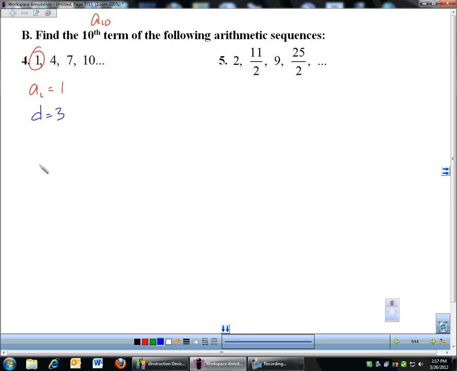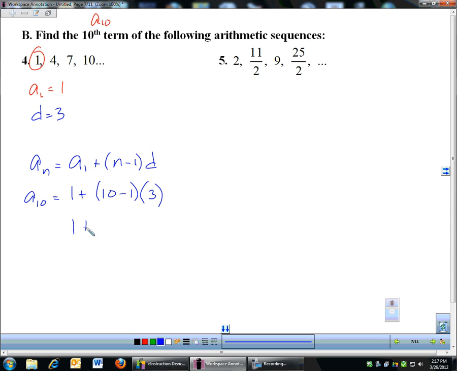So if I want my 10th term, I know the formula, I'll rewrite it again: your first term plus n minus 1 times the common difference. So a sub 10 is my first term, which is 1, plus 10 minus 1 times the common difference, which was 3.